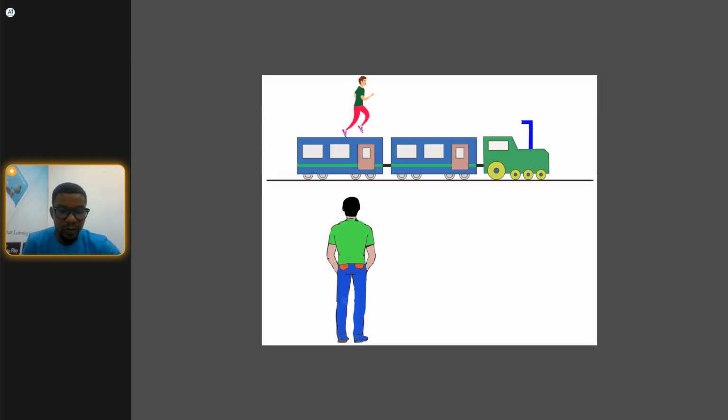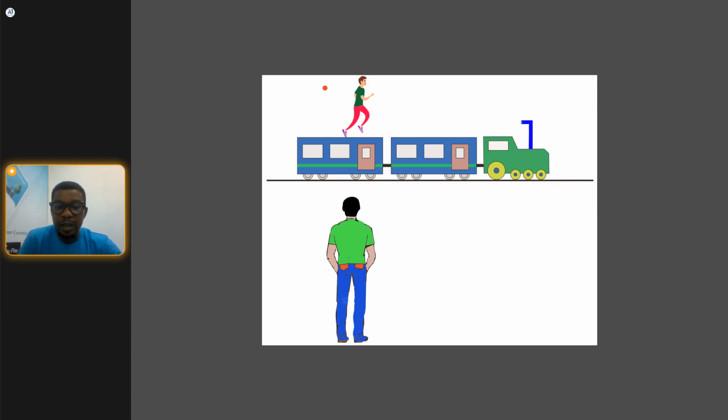Okay, let's make use of this diagram now. All right, so we have another diagram to explain the second fact. In this case, we have a boy running in the same direction with the train.